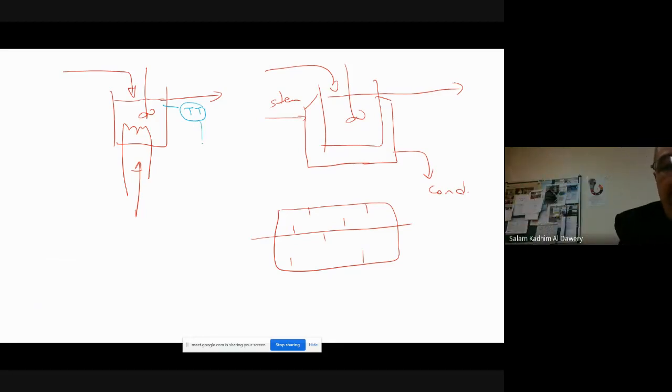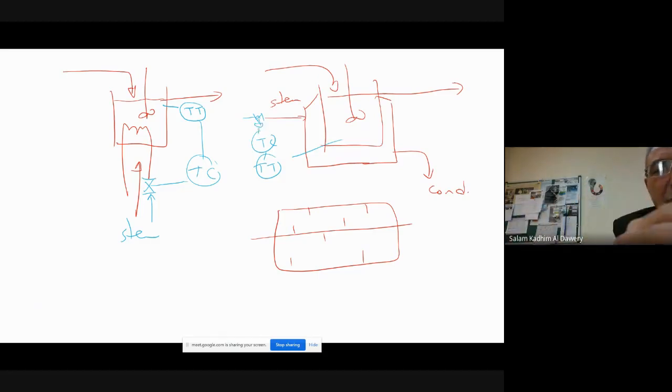This is the temperature element, temperature control, and there is a valve on the steam. This is the steam. This is an example for heating. Similarly here, we measure the temperature, transmitter, temperature control, and there is a steam control valve.